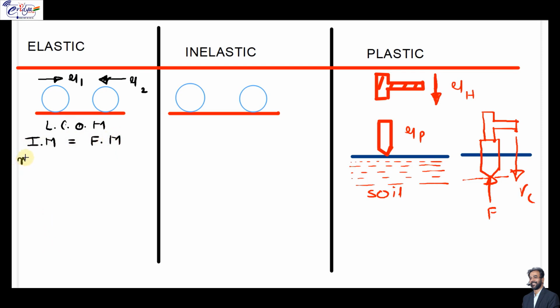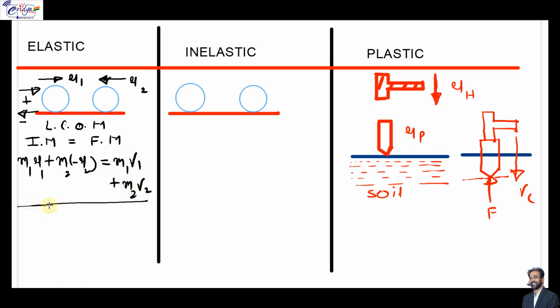So initial momentum is m1 u1 plus m2 into minus u2, taking right direction positive and left direction negative, is equal to m1 v1 plus m2 v2.